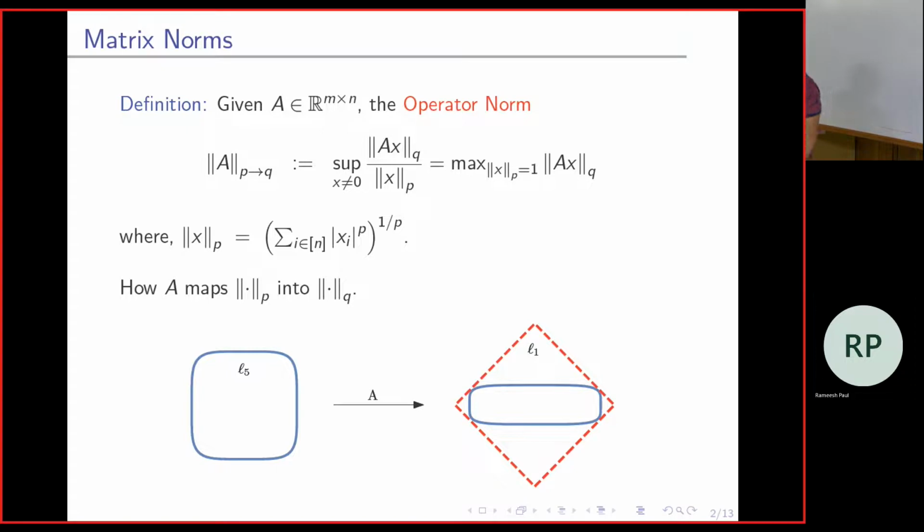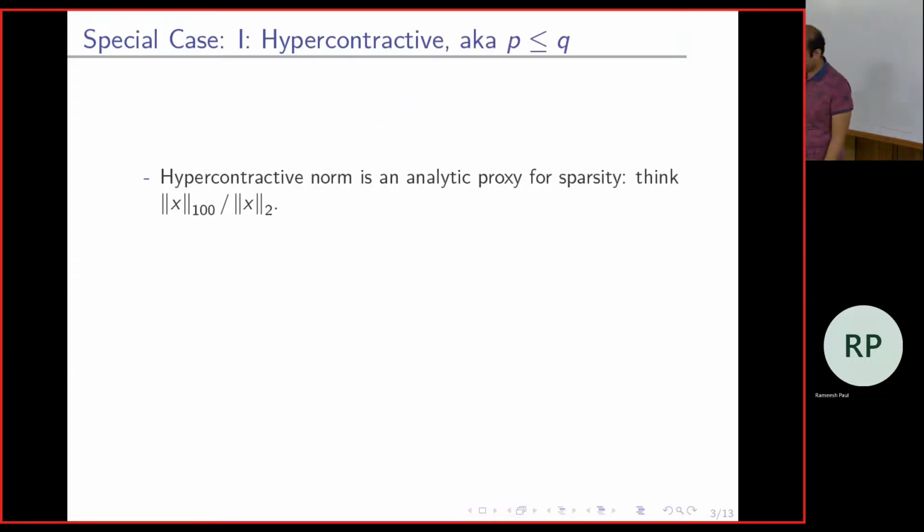But it generalizes many more problems. Analytic sparsity can be seen as trying to minimize this number. If you have an analytically sparse vector, where a few entries are big and other entries are small, then if you take a high norm, say the 100th norm, the large entries pick up.